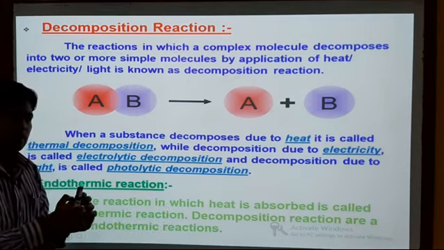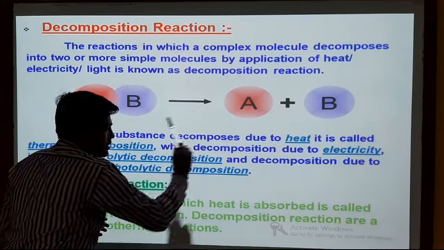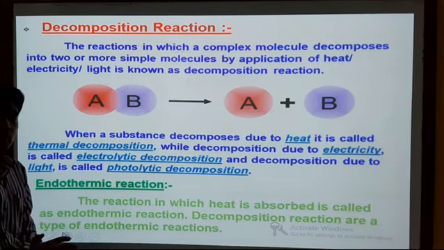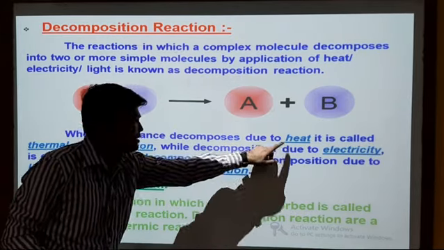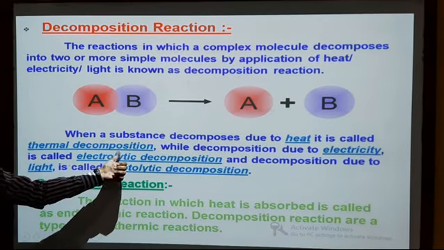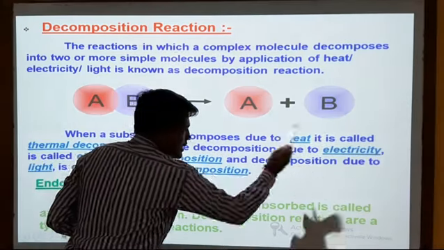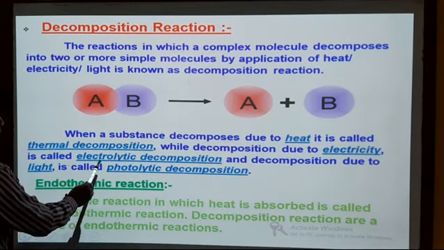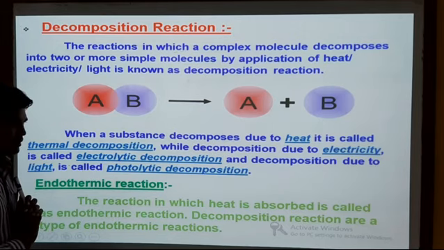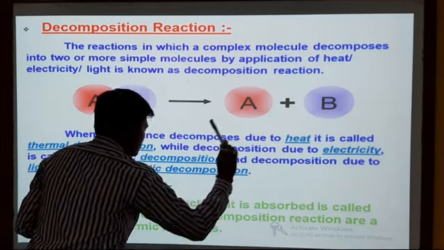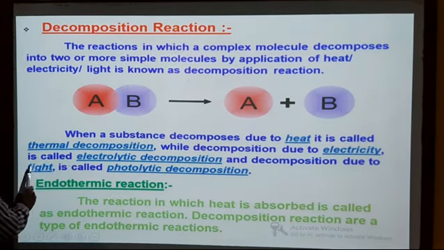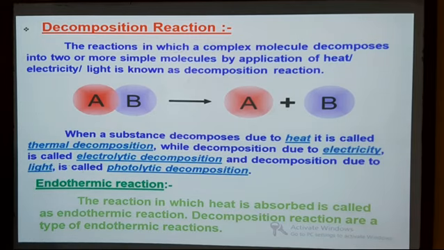Now if we are breaking this molecule with the help of heat, it is called thermal decomposition. When decomposition takes place due to electricity, it will be called electrolytic decomposition, and when the decomposition takes place due to light, it will be called photolytic decomposition.